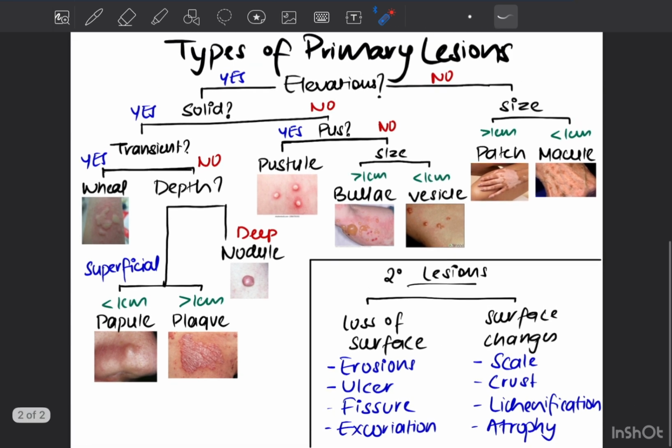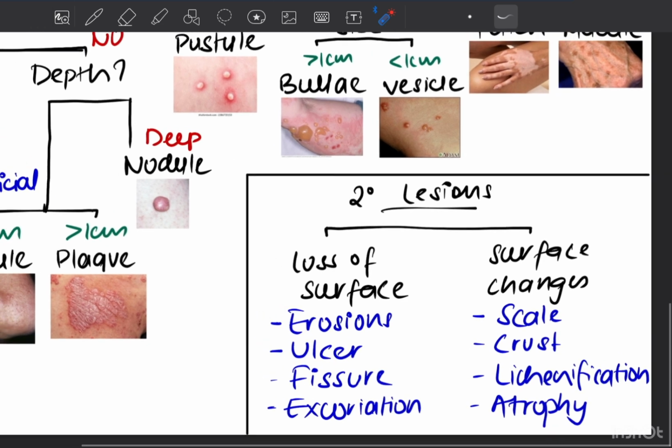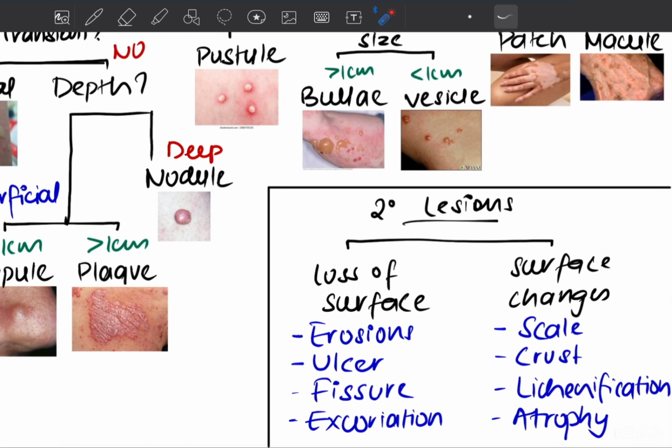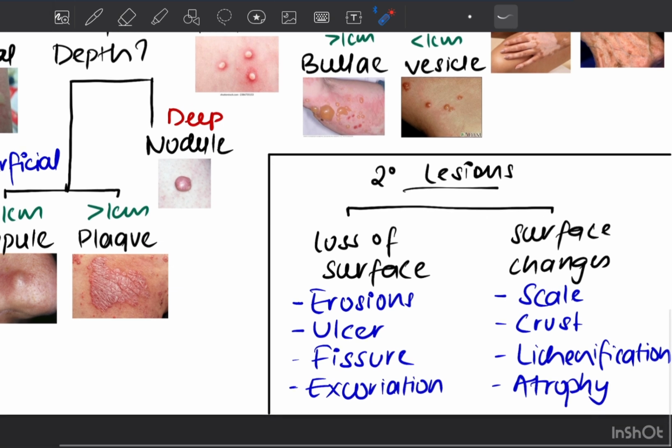Now, a small section on secondary lesions. Secondary lesions are mainly divided into two types, which are loss of surface or surface changes. Secondary skin lesions are mainly a modification of primary lesions by scratching or infection or any external force.